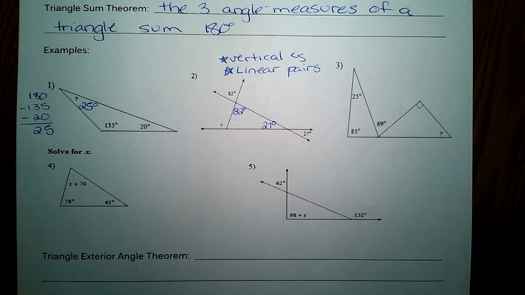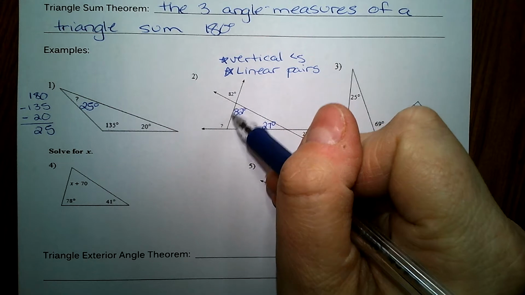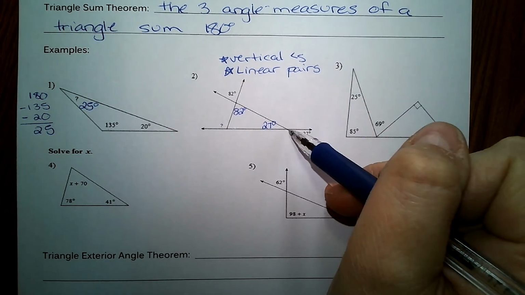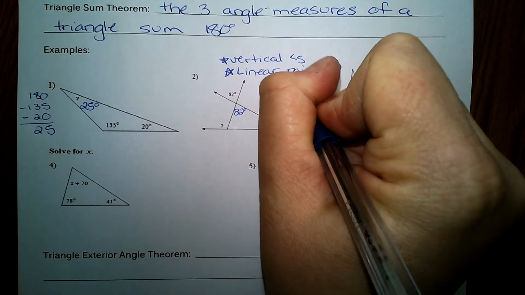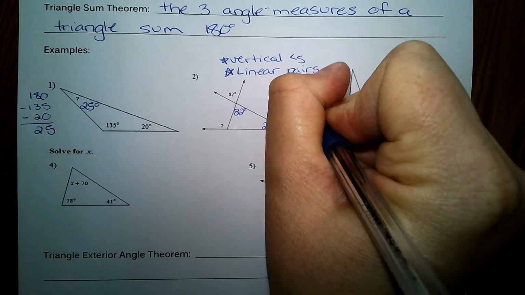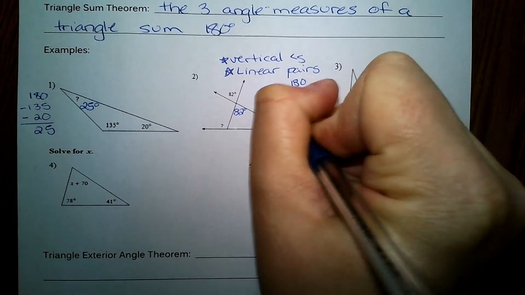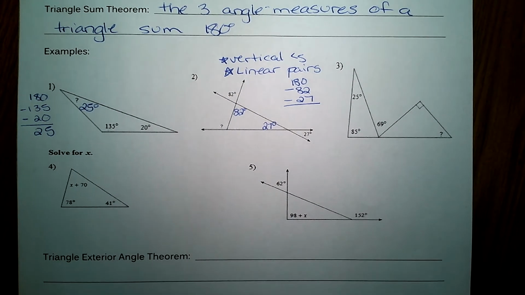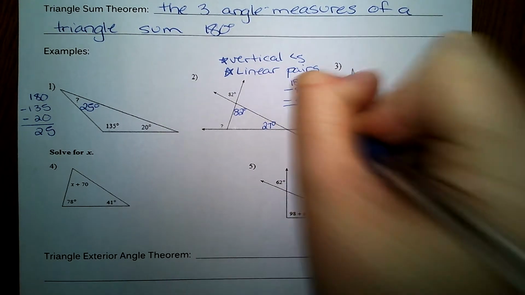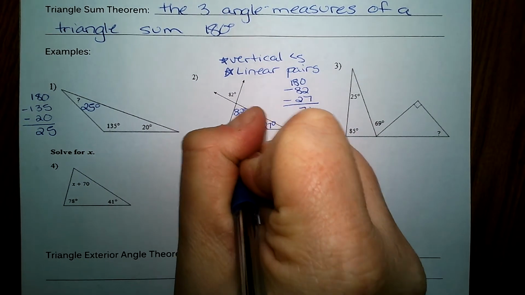So now I know 2 out of 3 angles of this triangle. So if I'm working just inside this triangle, I can use the triangle sum theorem because 180 degrees total, take away the 82 and the 27 that have already been used in these 2 angles is going to give me this third angle. 180 take away 82 and take away 27 leaves me with 71.